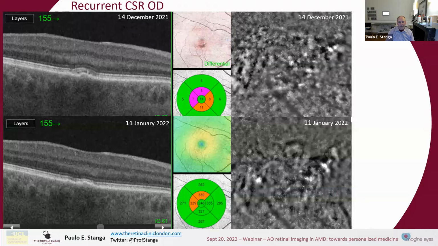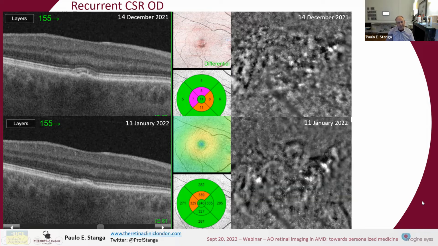And we've been following him up with all sorts of imaging technologies, including ultrawide-field imaging, high-resolution OCT, and adaptive optics. And as you can see, there is a reduced density of cones. There's an abnormal pattern of photoreceptors, even in the resolution of fluid.